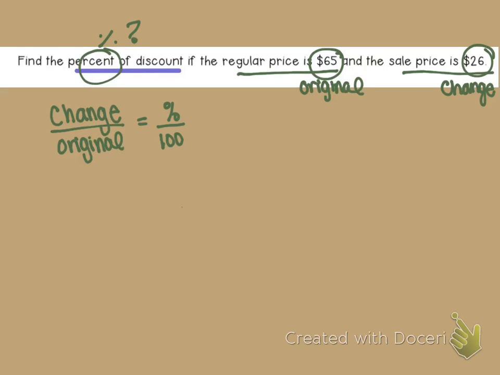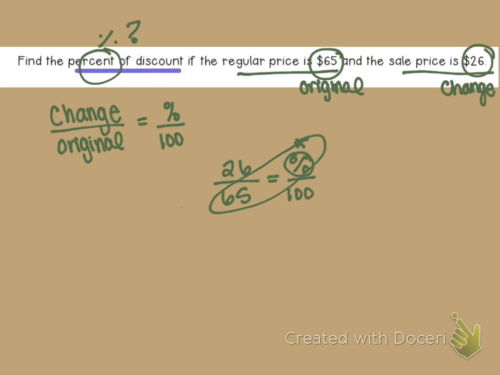So our change is 26 over our original, which is 65, equals percent over 100. We don't know percent, so this is our x.